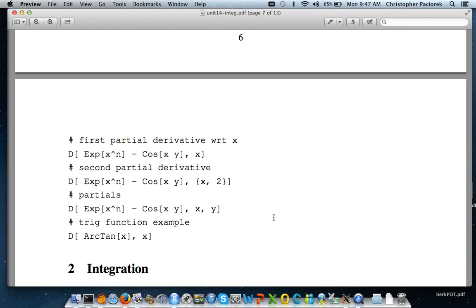In Mathematica, you can give the symbolic derivative with the function capital D of this expression with respect to x, or the second derivative with respect to x, or the mixed partial derivative with respect to x and y, et cetera. So if you're wanting analytic derivatives, this is a good way to do that.